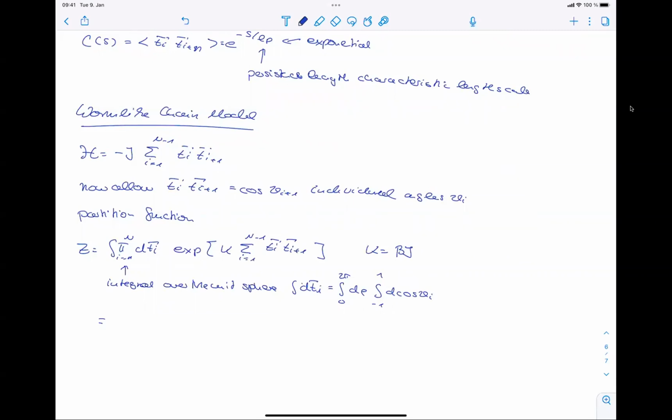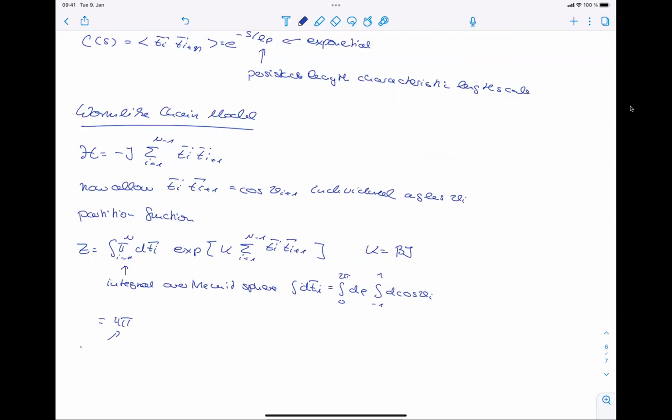Okay. Let's go bit by bit. So what you see is that I here chose to define the angle as cos theta_{i+1}. So this exponential doesn't actually depend on T_1, like the first angle. And so integrating this one out by taking the integral over the unit sphere gives us a 4 pi.